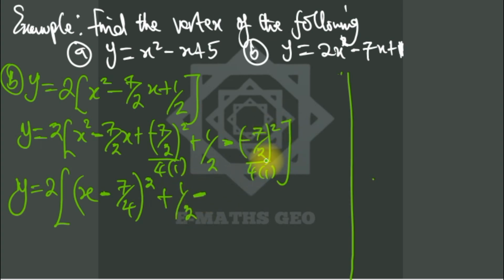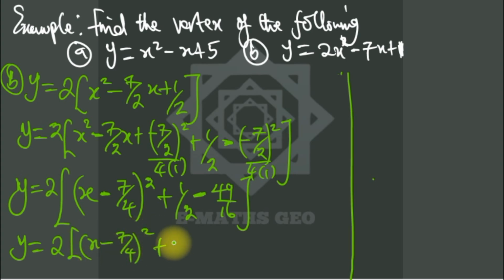That's 49 over 16. So let's add up. We have 2 in bracket x minus 7 over 4 all squared plus half minus 49 over, that's 8, minus, it should be minus, okay. This is minus 41 over 16.